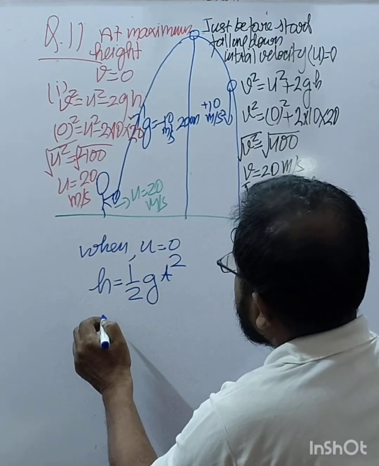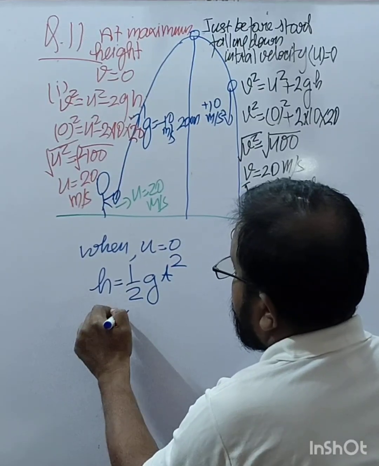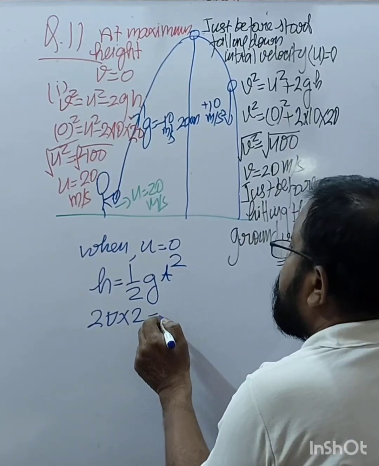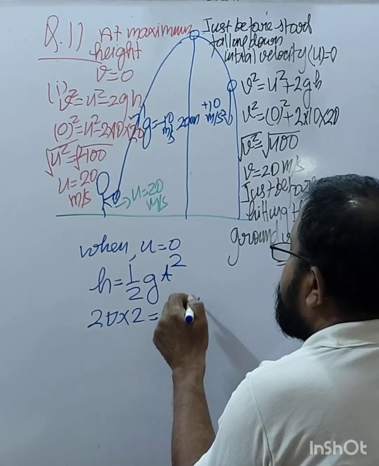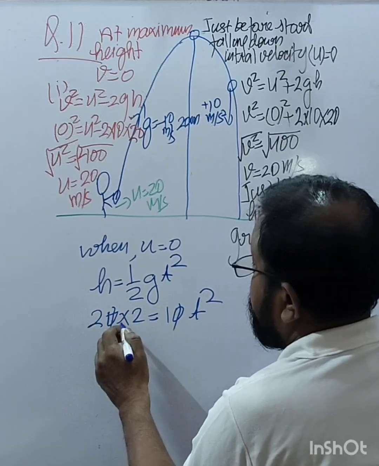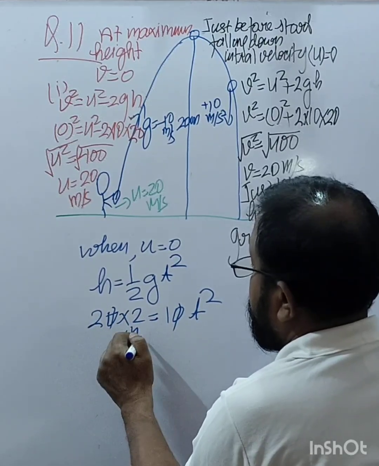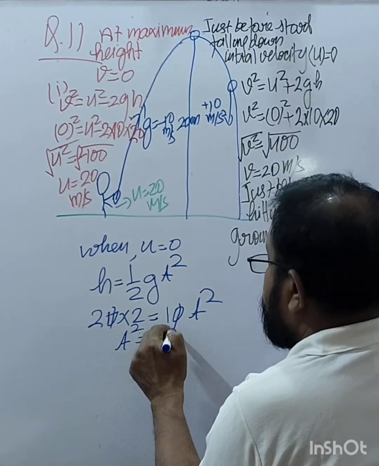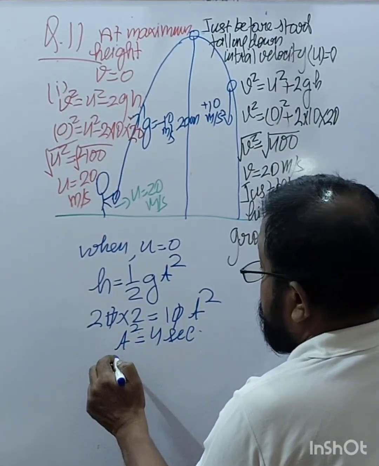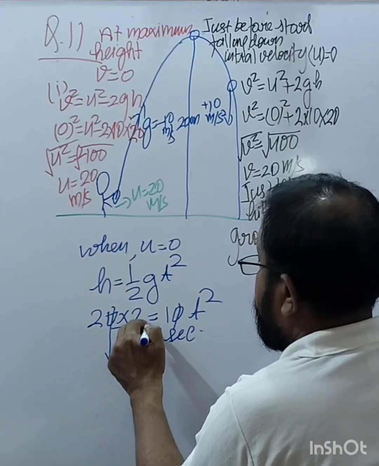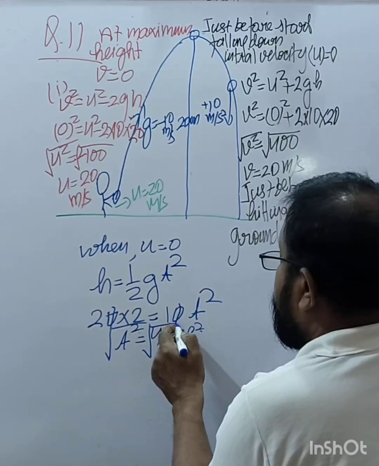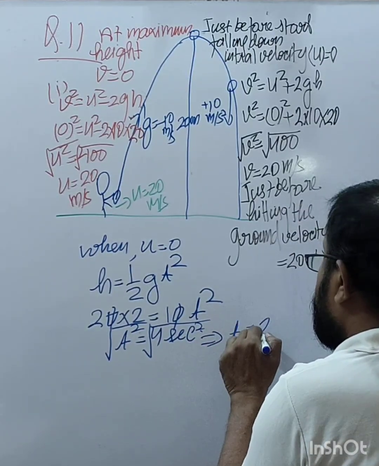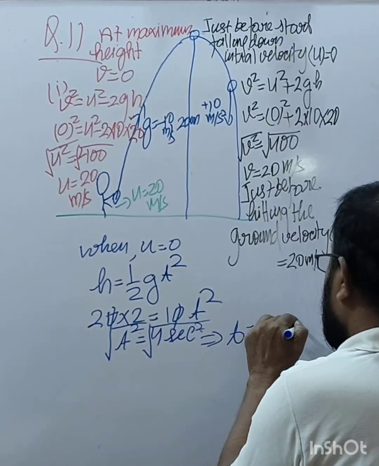So h is 20 into 2 is equal to 10 t square. So t square is equal to 4 seconds. Taking root over both sides, t is equal to 2 seconds.